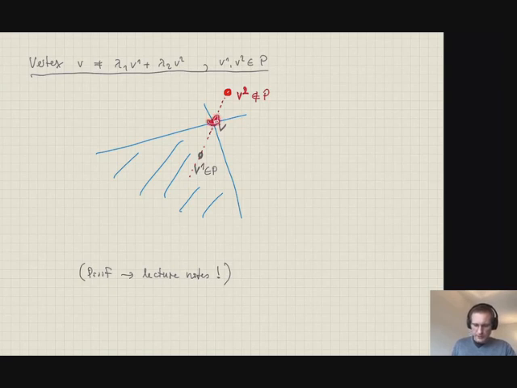If we are considering a vertex v of an arbitrary polyhedron, and we try to express this vertex as a convex combination of two other points, then if one of the points is lying inside the polyhedron, right? So this would be the polyhedron. Then in order to get this middle point as a convex combination of two other points, if this point is inside the polyhedron, the other point should be outside the polyhedron.